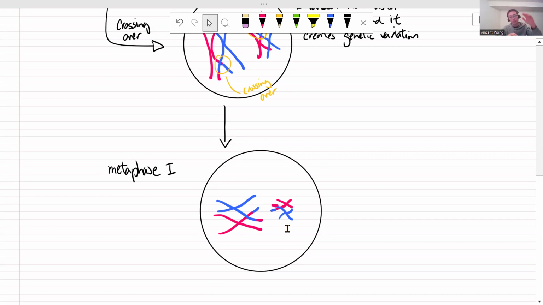It could be father, mother, and then the next one is also father, mother. So the orientation is random, and that adds to genetic diversity. Now I'm just going to put the centriole there to help you keep track of where things are. That's the centriole. These are the spindle fibers.